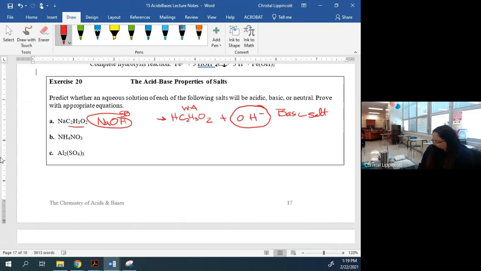All right, so NH4 is the next one. See if you can figure out what's going to happen with this one.